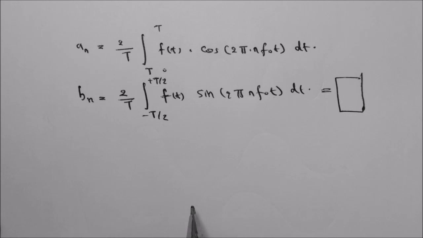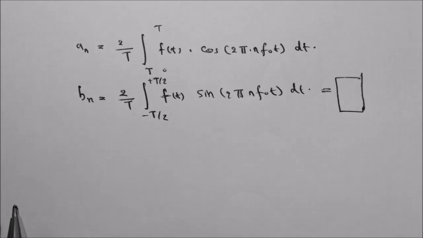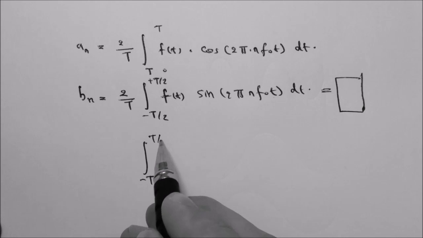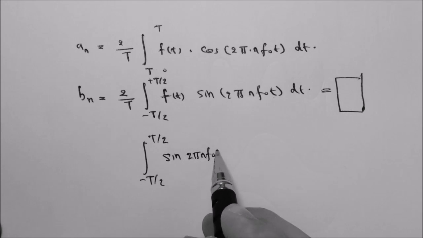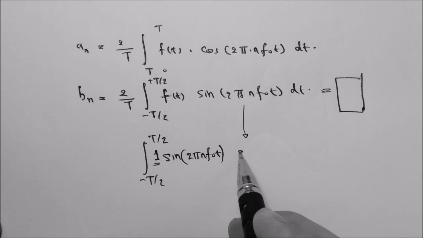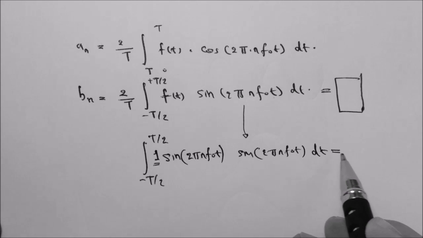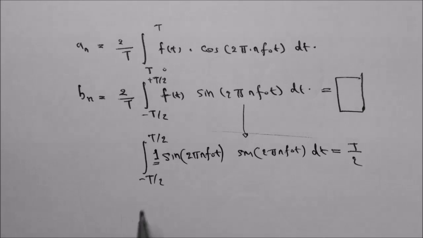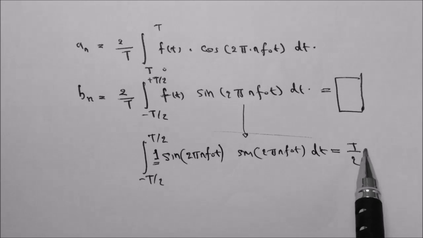However, if you assume that the magnitude of the n f naught component inside f of t is 1, and you evaluate this integral, integration from minus T over 2 to plus T over 2 of sine 2 pi n f naught t, assuming its magnitude is 1, multiplied by your sinusoidal, which is sine 2 pi n f naught t dt, you will get a result of T over 2. Check this result by yourself analytically.